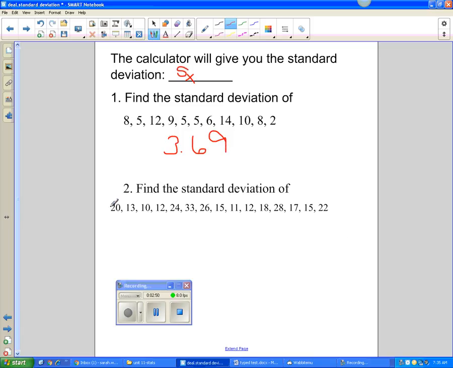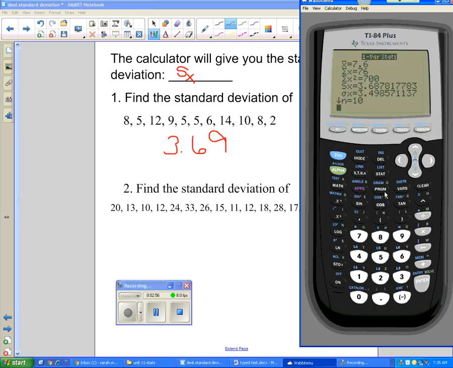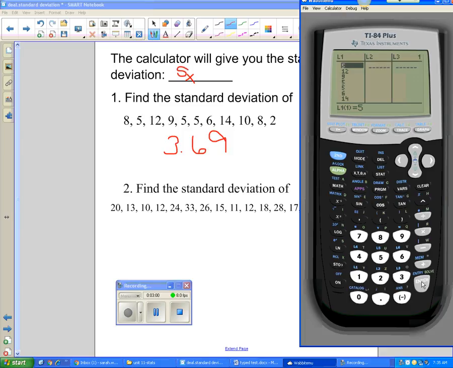Okay, let's do that with another set of numbers. So in the calculator, remember, we're going to hit stat, and we're going to edit, hit enter. And I'm going to go ahead and clear out these numbers, so clear enter.